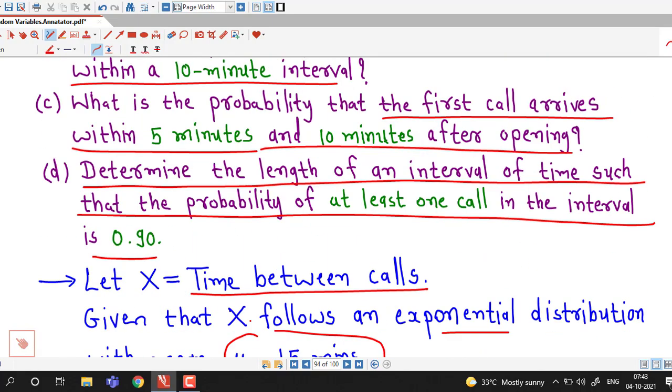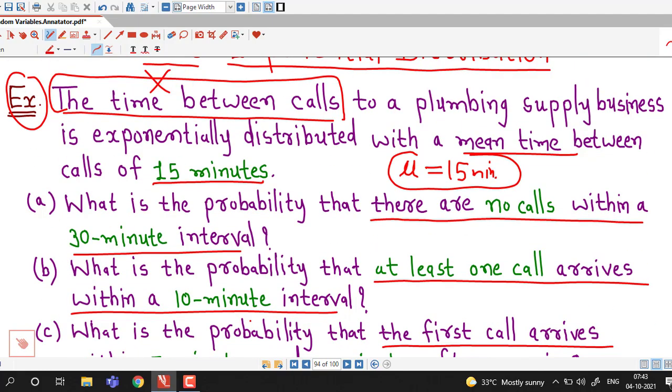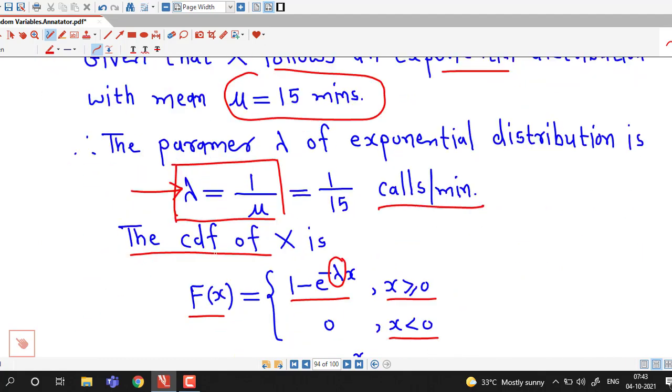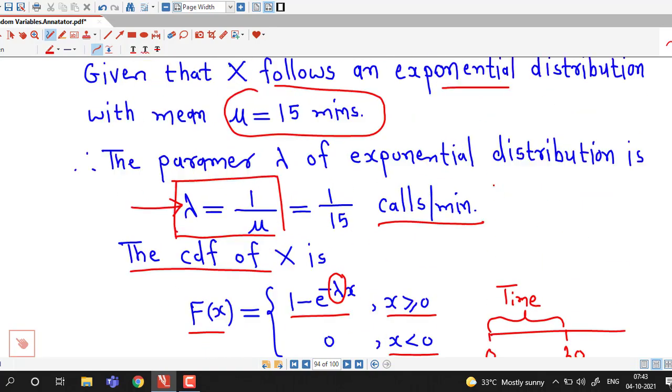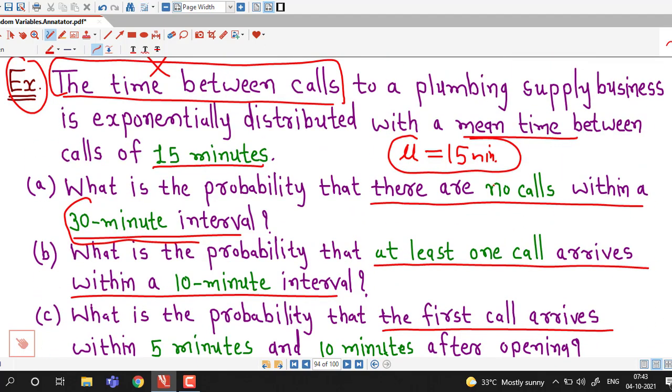Now in the first part we are asked to find the probability that there are no calls within a 30-minute interval. Suppose this is an interval of 30 minutes, and this denotes the time in this interval. We have to find the probability that there are no calls in this 30-minute time interval.